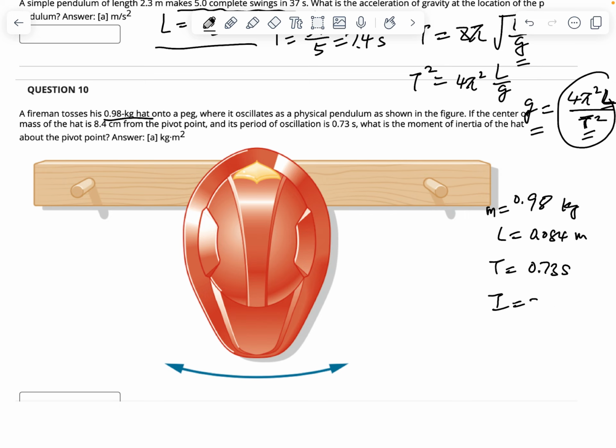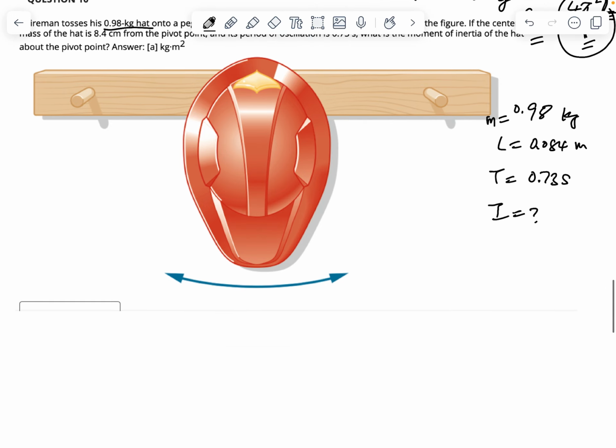They ask you for the moment of inertia. Okay, so how to solve this kind of problem? Basically, this is a physical pendulum, right? For the physical pendulum, this is your pivot point. Assume this is your center of mass, the cm, right? So you swing back and forth.